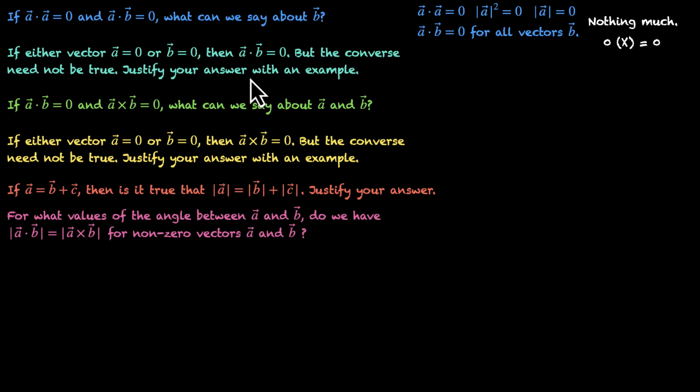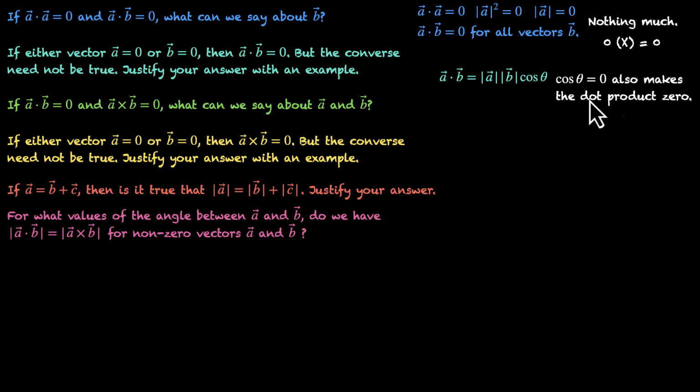So how do we explain this? Well, if you write the dot product as a vector dot b vector, that's equal to mod of a, mod of b, cos of theta, you actually see 3 terms. The first 2 are magnitudes, but the third one is the cos of the angle between them. So if the dot product is 0, any one of them could be 0. Either mod of a could be 0 or mod of b could be 0. And if both of them are not 0, we can still have the dot product 0 if cos theta is 0. So cos theta equal to 0 also makes the dot product 0, which means the converse is not true.